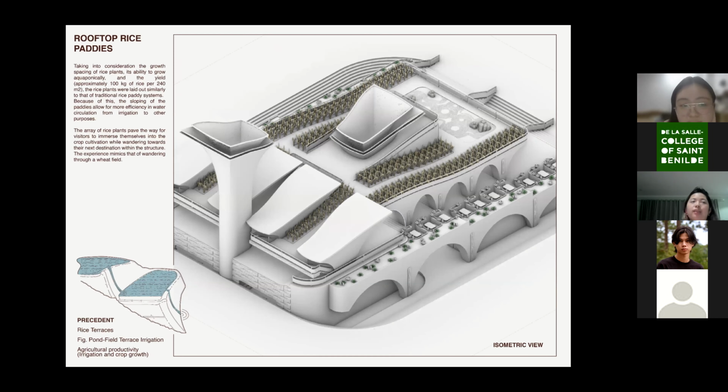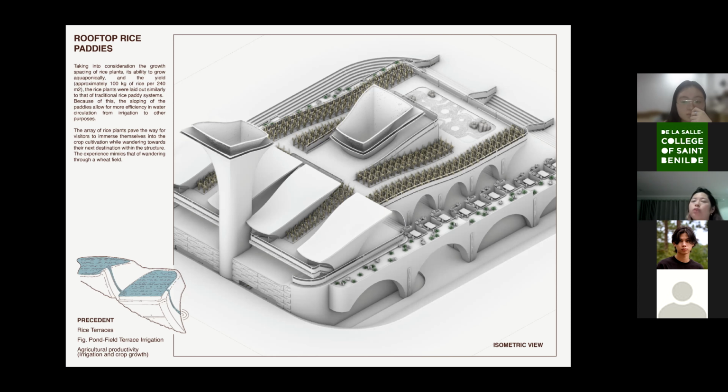So this idea was based off the rice terraces or pond field terrace irrigation. Since we decided to grow the rice using aquaponics, we decided to lay out the rice similar to that of a traditional rice paddy system.